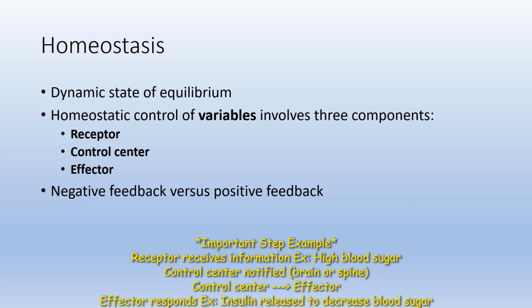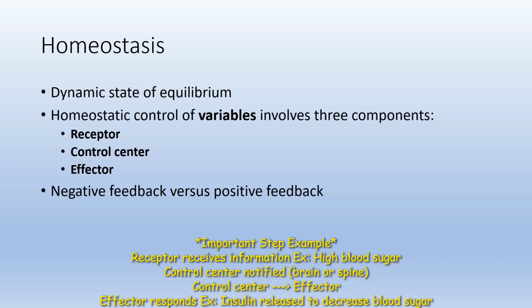If you experience a spike in blood sugar after consuming a dozen donuts, the receptor tells the brain and spinal cord about that. And then from there, the control center, or the brain and spinal cord, will send a signal to the effector to elicit a response to account for that variable or to account for that change in homeostasis.